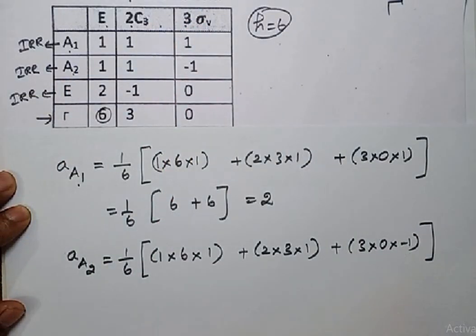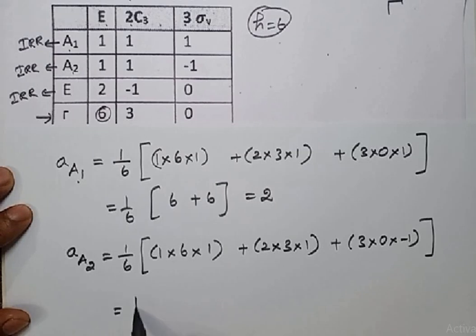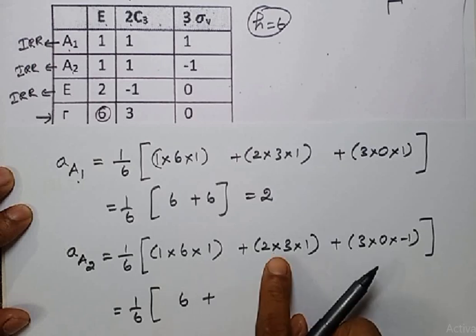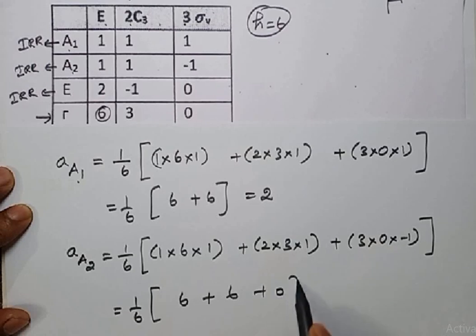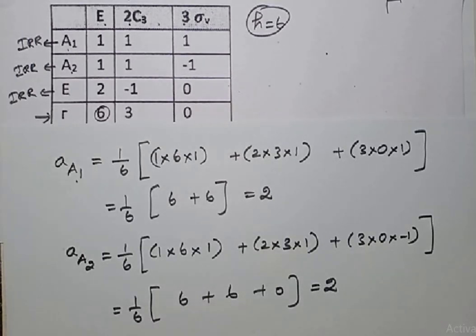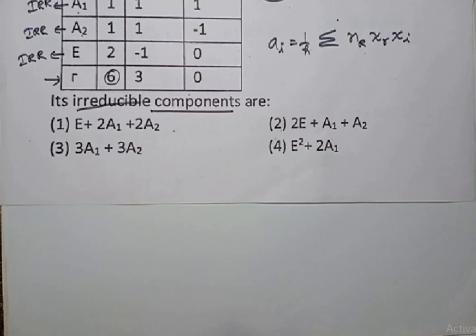So we get 1 into 6 into 1 is 6, 3 into 2, 6 into 1 is 6, and here I have 0. So 6 plus 6, 12, 12 by 6 is again 2. Can anyone tell me what this indicates?